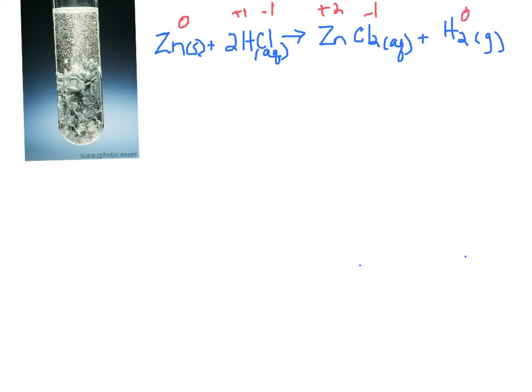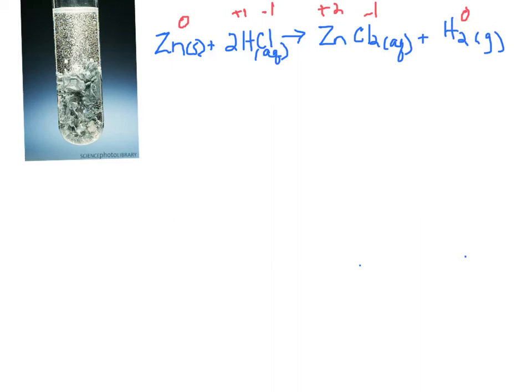So if we look from one side of the equation, the reactant side, to the product side, we can see that our zinc starts out with an oxidation number of 0, and on the product side, it ends up with an oxidation number of +2. Our hydrogen on the reactant side has an oxidation number of +1, and on the product side, hydrogen has an oxidation number of 0.